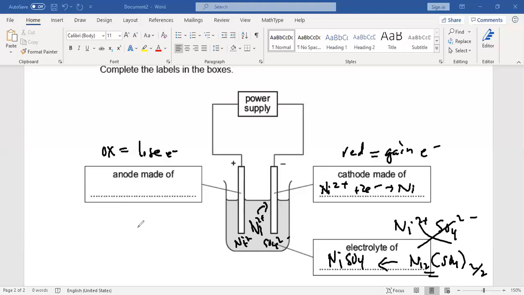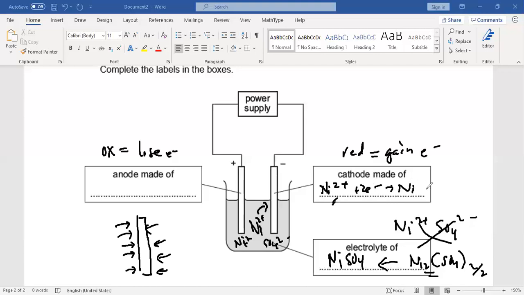If you see here at the cathode, because it is the negative electrode, Ni2+ will be attracted to the side of this electrode. That's why we have this form: Ni2+ plus 2e- becomes Ni.